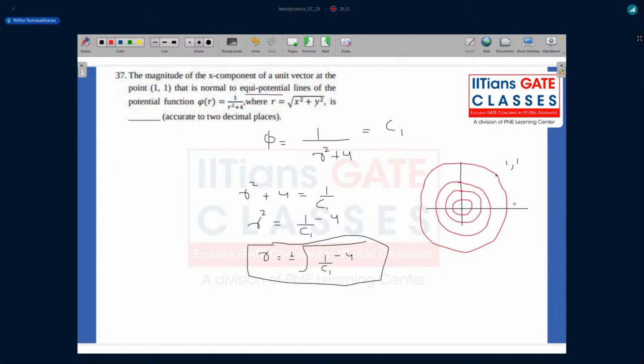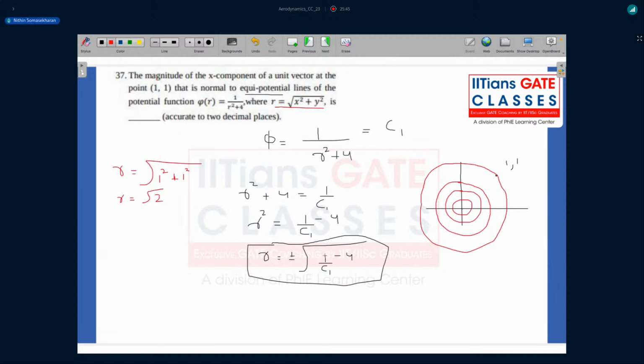We know that equipotential lines of this form are concentric circles in nature. So what would be the value of r for this point (1, 1)? In the question they've told you r equals square root of x square plus y square. Here x is 1 and y is 1, so I do 1 square plus 1 square, and I get r equals square root of 2.